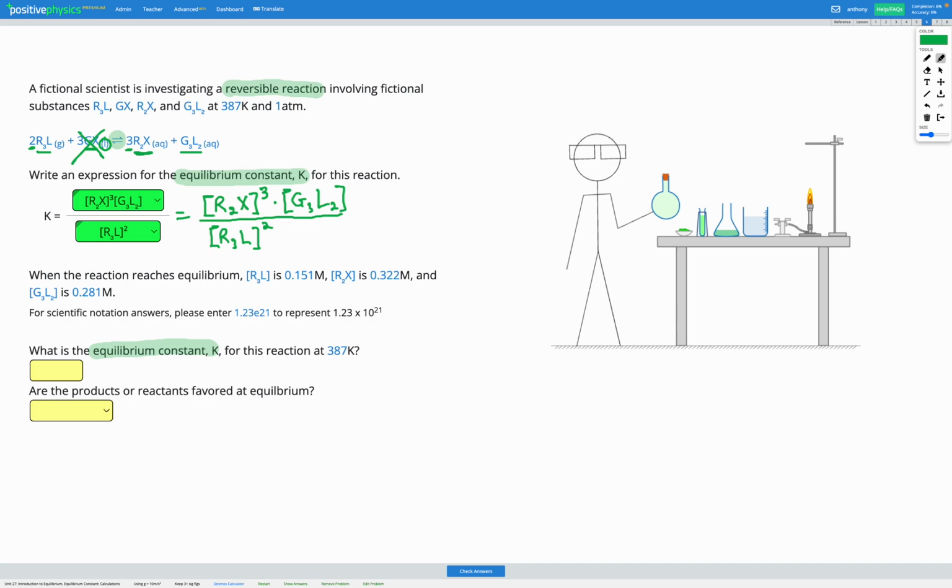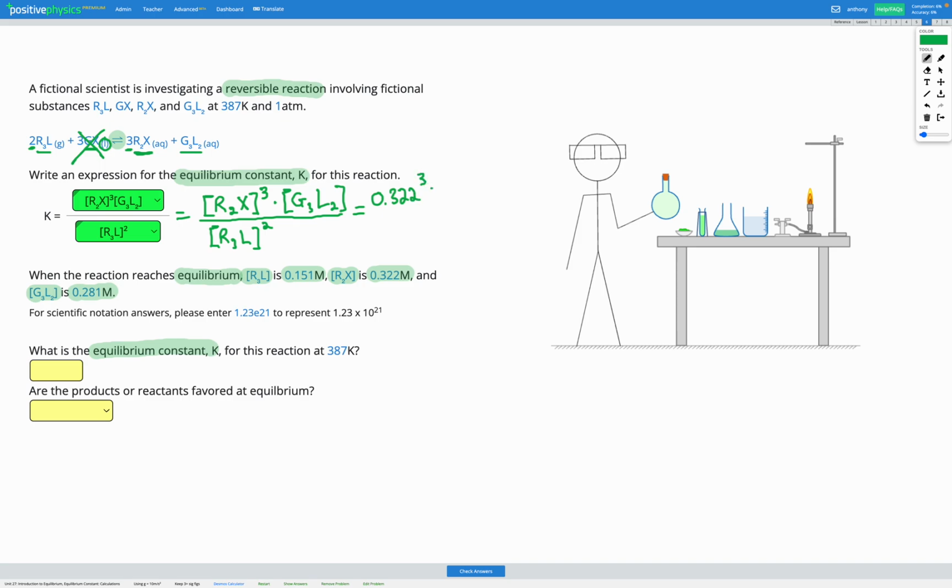And we're given, at equilibrium, the concentrations of those three substances we have in our K equation. R3L is 0.151, R2X is 0.322, and G3L2 is 0.281 molar. So we can go ahead and put those numbers into our equation. So R2X was 0.322 molar. So 0.322 molar to the power of 3.